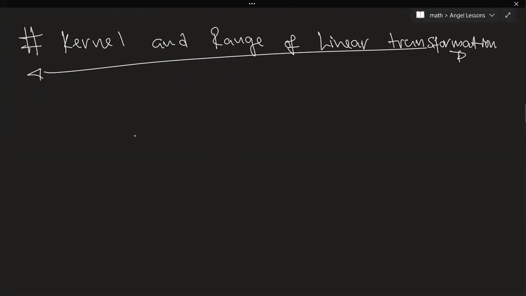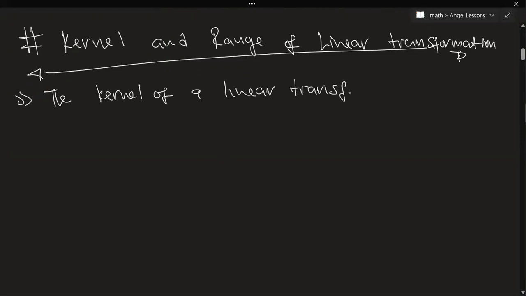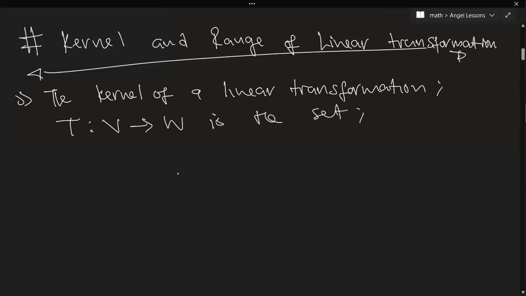You see, so the kernel of a transformation T, which takes us from V to W, is the set. So it is the set which is described as follows.